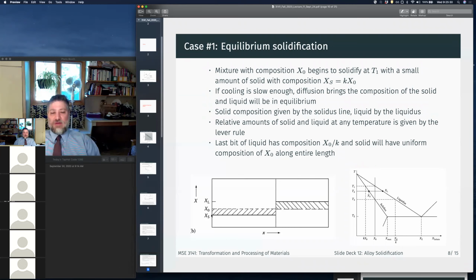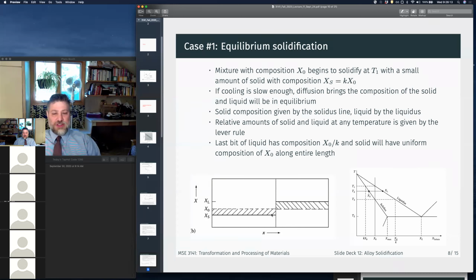And now we have a composition gradient. When we have a composition gradient, you learned in 2010 in thermodynamics that means we have a chemical potential gradient, so we're going to have diffusion. So given time, the composition in our bar will equilibrate, will become constant, right? And in the next topic, diffusion, we'll talk about how long that takes to happen. But if we're doing this very, very slowly, there's always time for this composition gradient to work itself out.